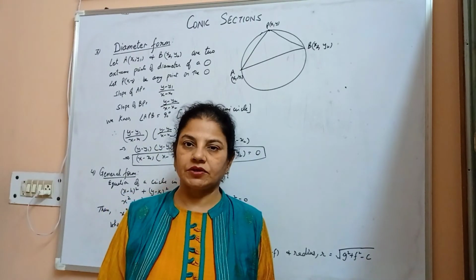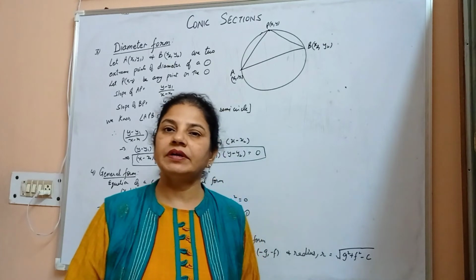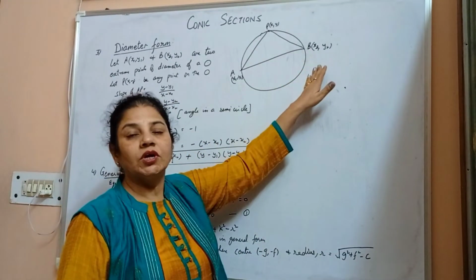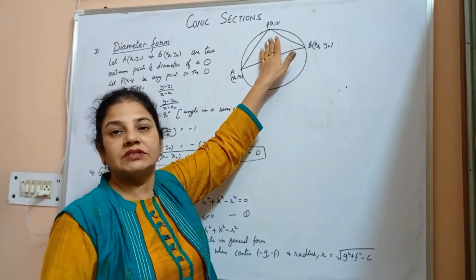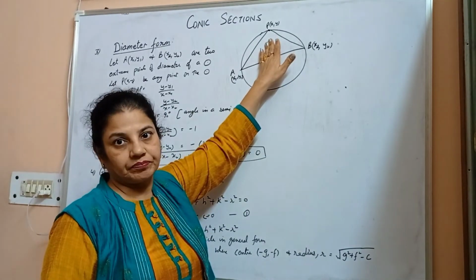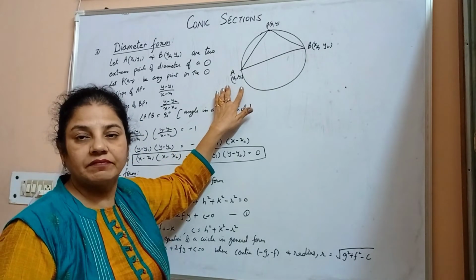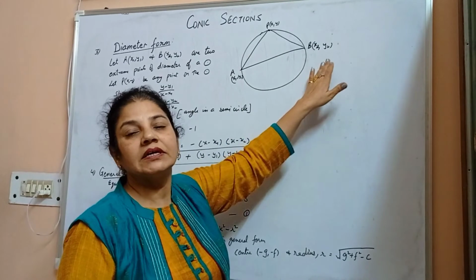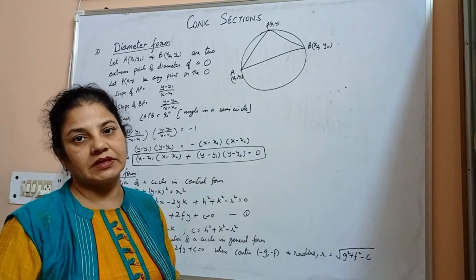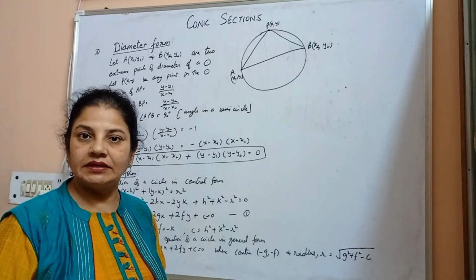Equation of a circle in diameter form. Let A (x1, y1) and B (x2, y2) be the two extreme points of the diameter, and P be any point on the circle whose coordinate is (x, y). Then the slope of AP is given as (y minus y1) upon (x minus x1), and the slope of PB is given as (y minus y2) upon (x minus x2). We know that the angle in a semicircle is 90 degrees.